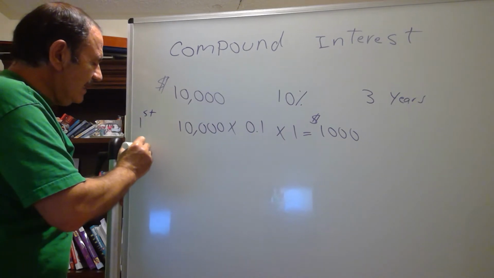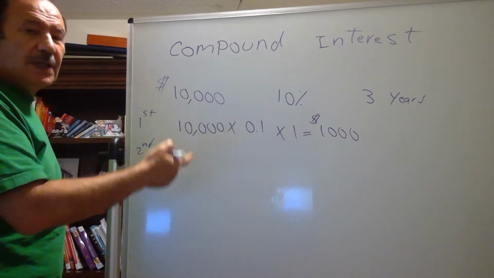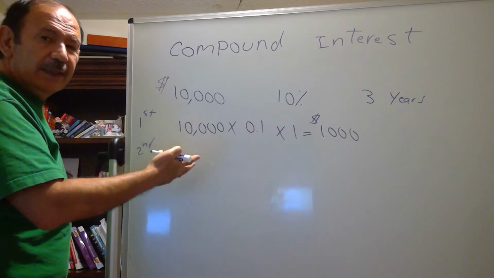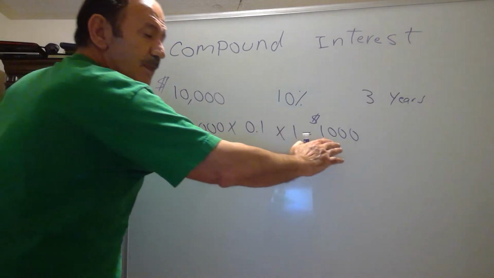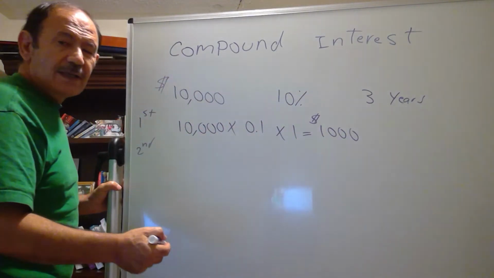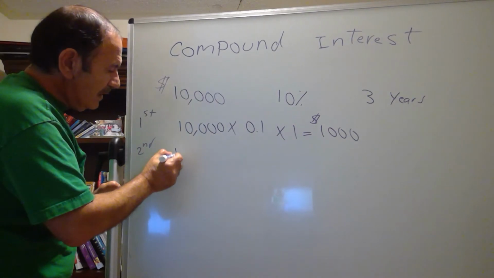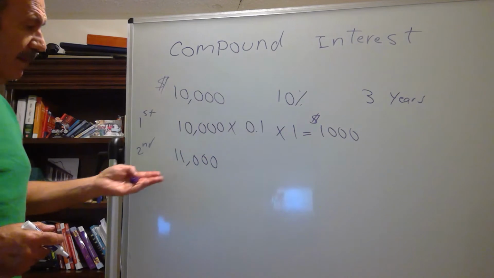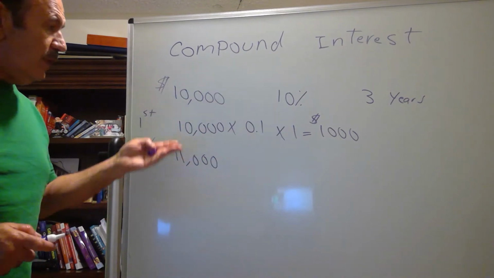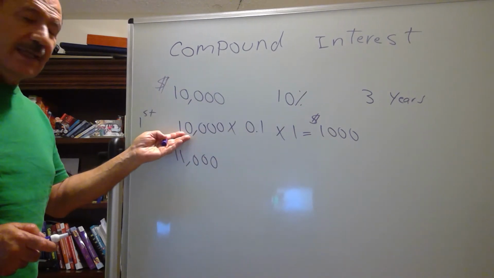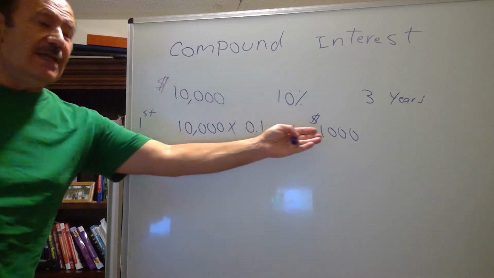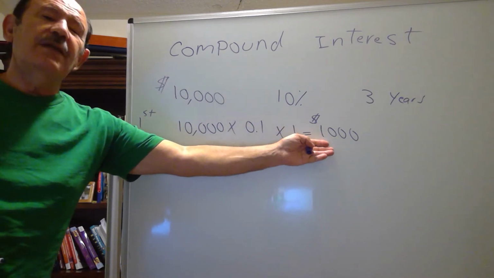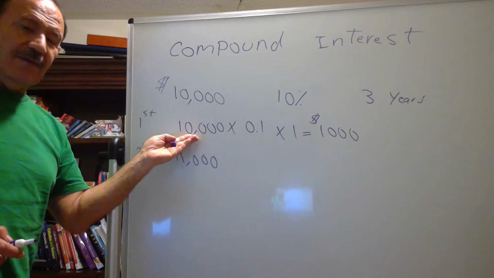In the second year, how much is my money? $10,000 plus this $1,000 interest, which is $11,000. At the beginning of the second year, my money is not 10,000 anymore, it's 11,000, because I gained 1,000 as interest at the end of the first year.